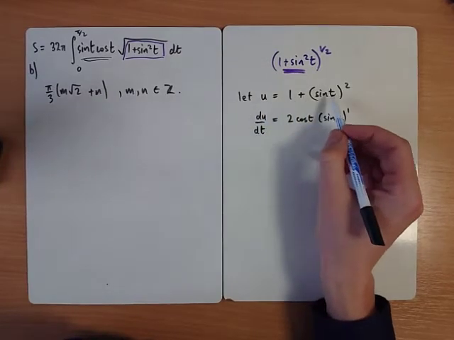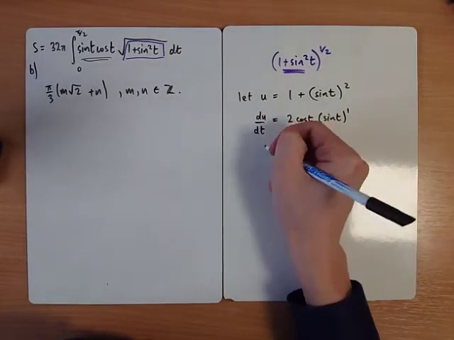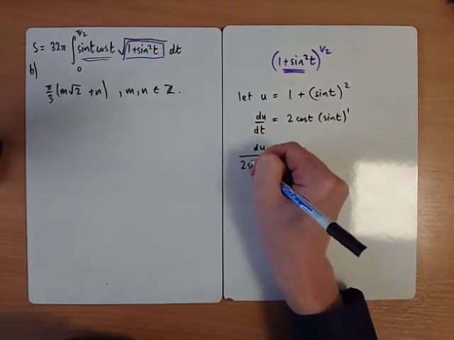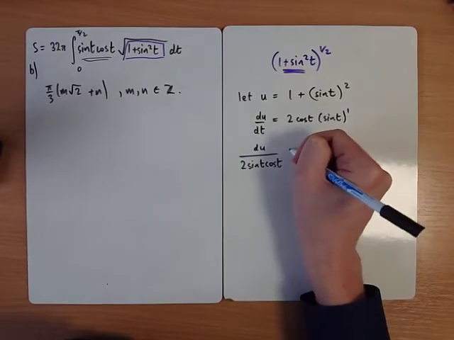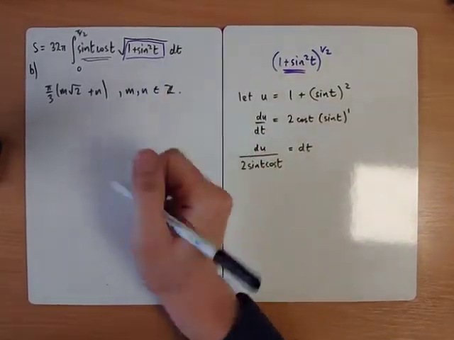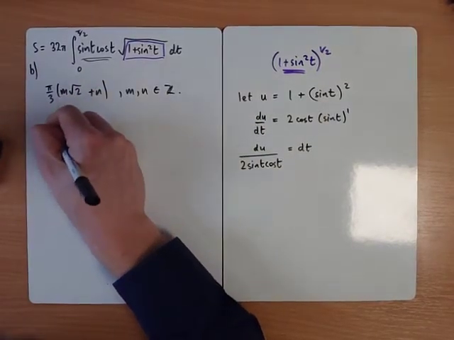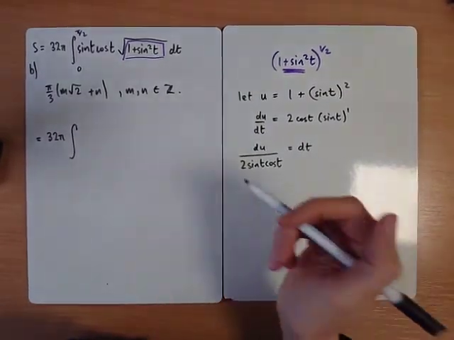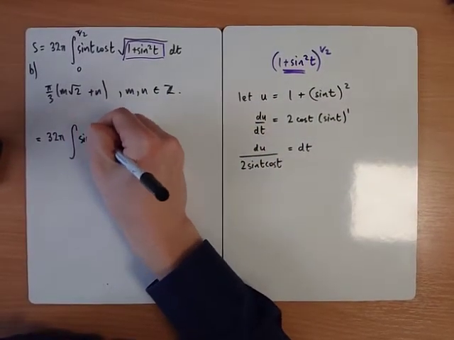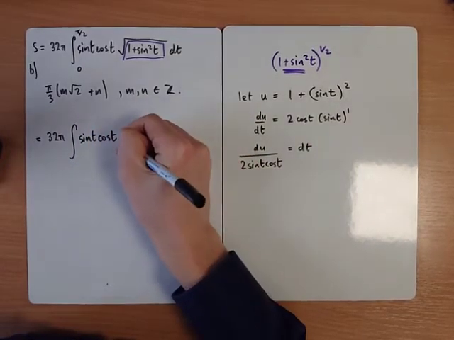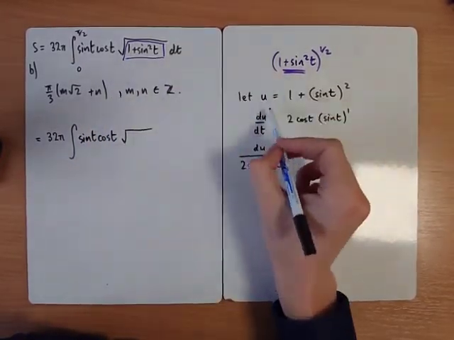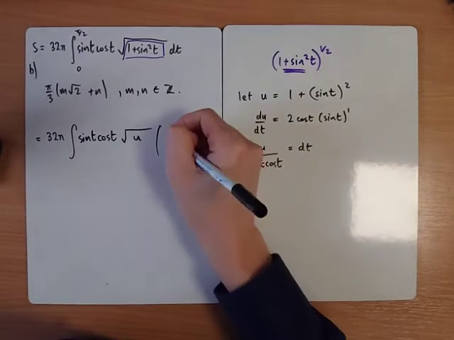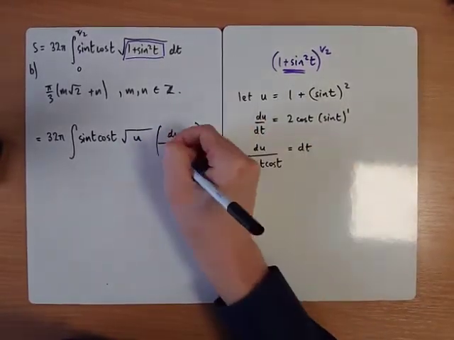Okay, so if we let u equal this, du by dt would equal this, so we could replace dt. So we get sine t cos t, and then square root, this is what we're calling u, and then dt we can replace with du divided by 2 sine t cos t.